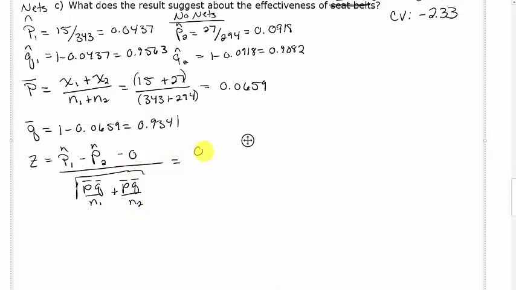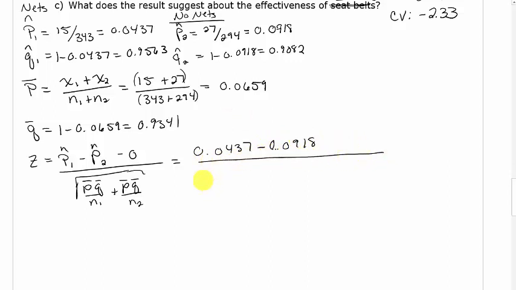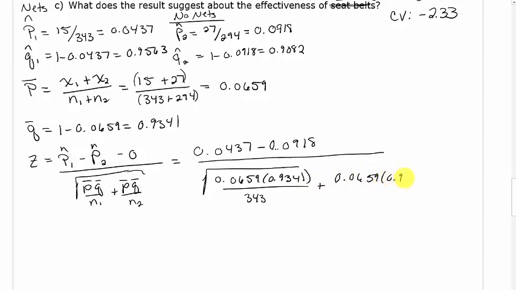In the numerator, we have 0.0437 minus 0.0918 divided by the square root of 0.0659 times 0.9341 divided by 343 plus 0.0659 times 0.9341 divided by 294.